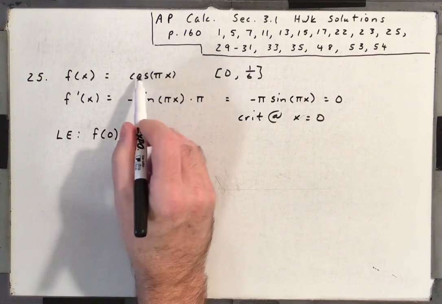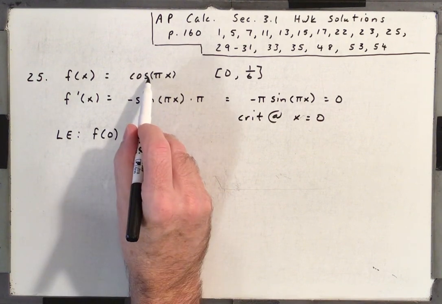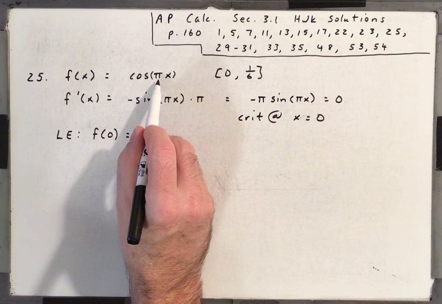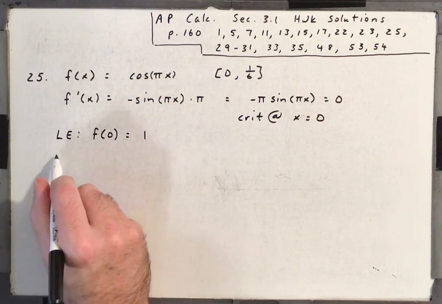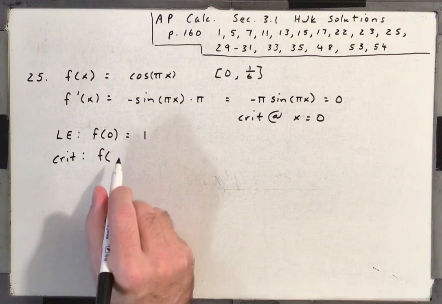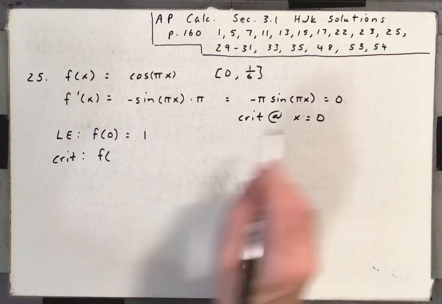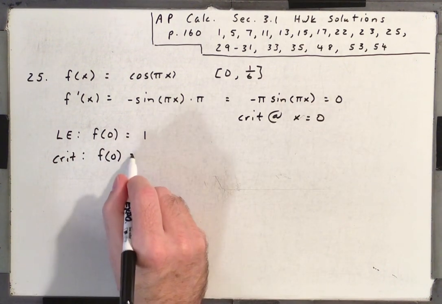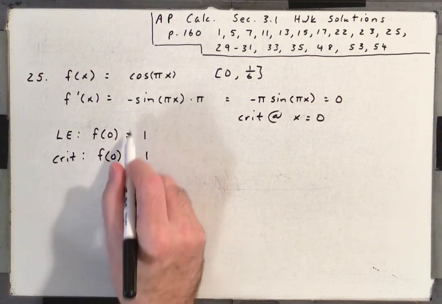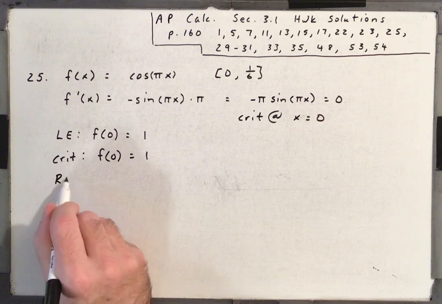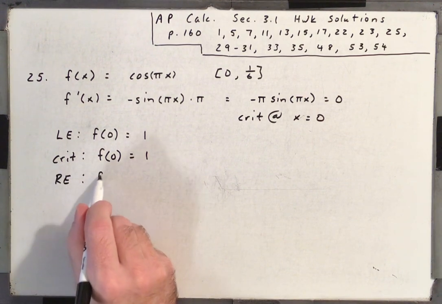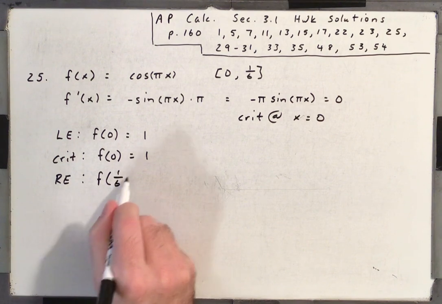Okay, so our left endpoint is going to be f of 0. Now we're plugging it into the original equation, not the derivative. So that's cosine of 0, which is 1. Our critical point is 0, so it's the same. So 1. So we really didn't have to plug that in. Our right endpoint is f of 1/6.